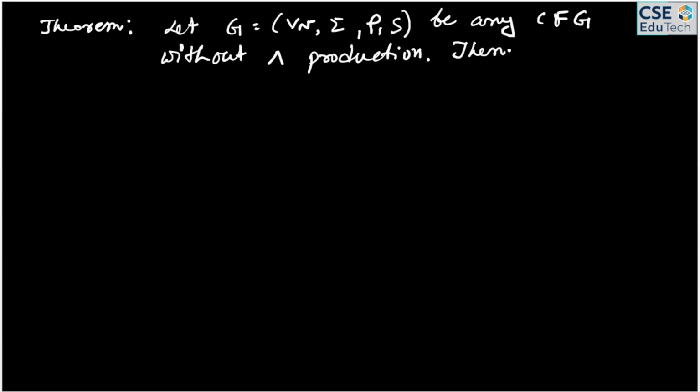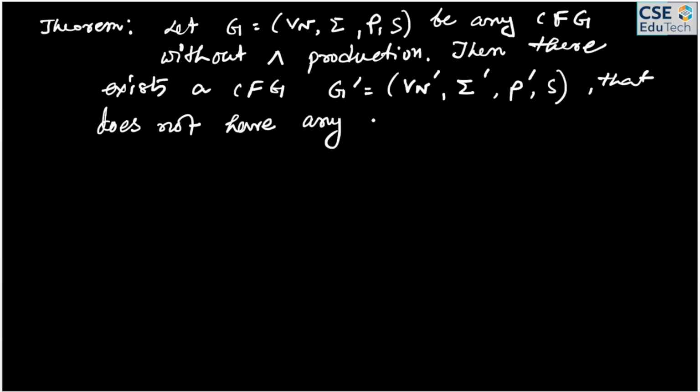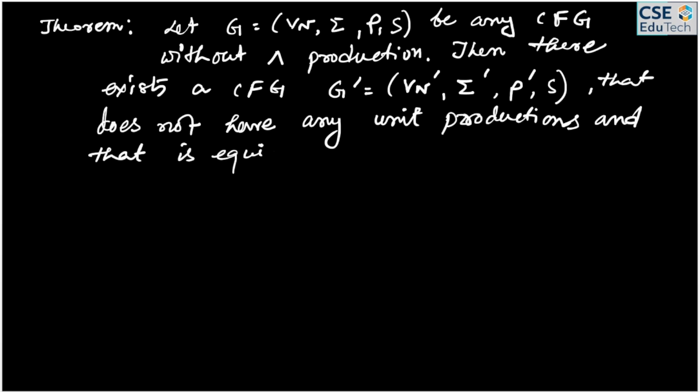Then there exists a context free grammar G dash equal to (Vn dash, sigma dash, P dash, S) that does not have any unit productions, and that is equivalent to G. So this is a theorem.